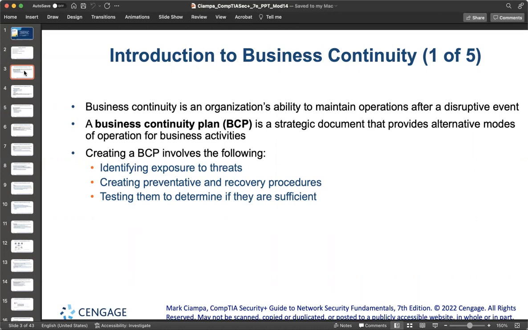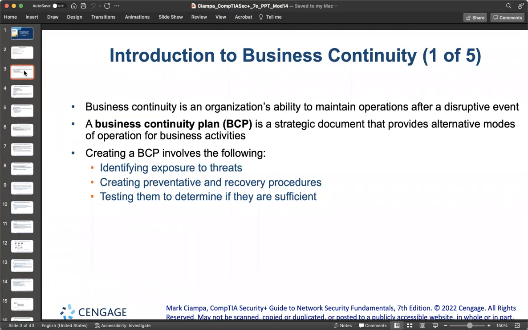To create the BCP, you need to first be able to identify what the threats are and what the possibility of those threats happening is. So basically, you need to come up with a risk calculation initially, and then prioritize those risks. And then based on the risks that you prioritize, you have to create a preventative and recovery procedure that can help you in case any of those vulnerabilities are exploited by the threats.